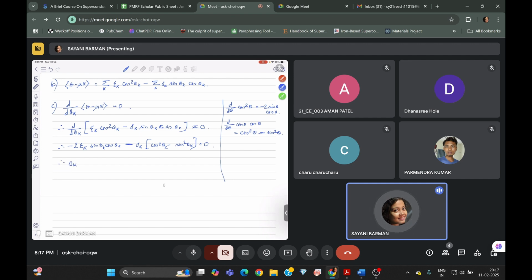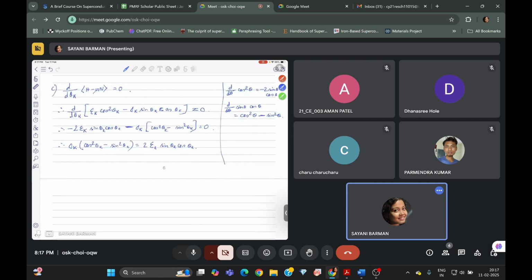Then you can write it as del into cos square theta minus sine square theta equals to 2 zeta k sine theta k cos theta. Right. Hence, also you know that this is the expression cos square theta minus sine square theta divided by cos theta sine theta equals to cot 2 theta.